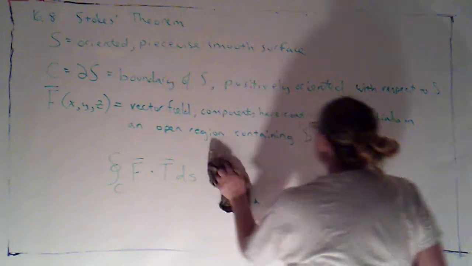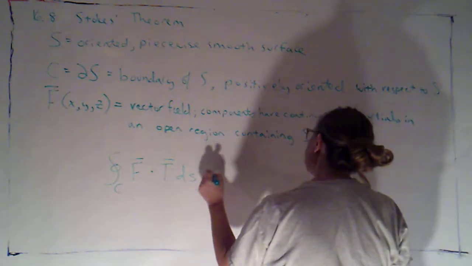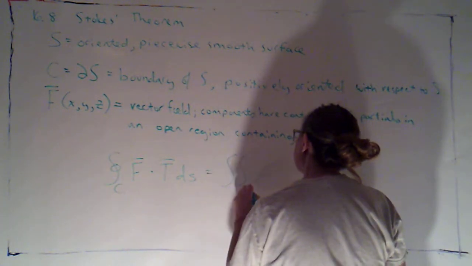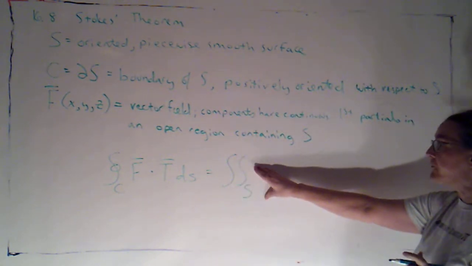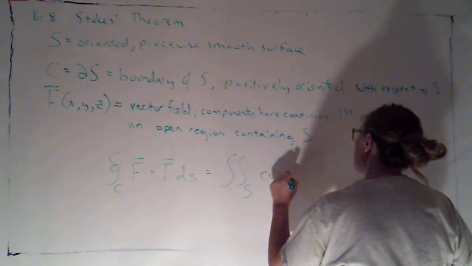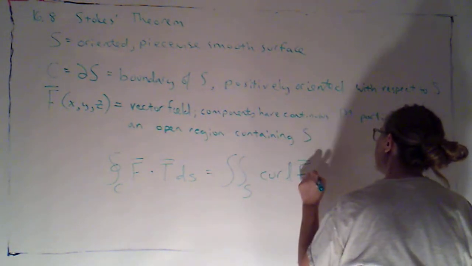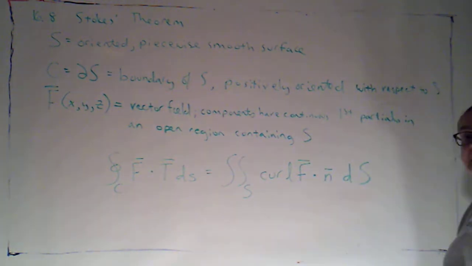Okay. So if I calculate this work integral, I could instead calculate it as a double integral, a surface integral, over the enclosed surface. And what I would be integrating then would be the curl of f dotted with n ds.